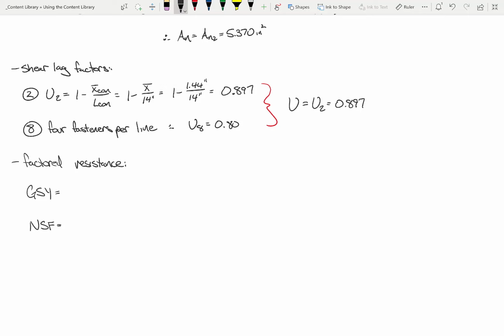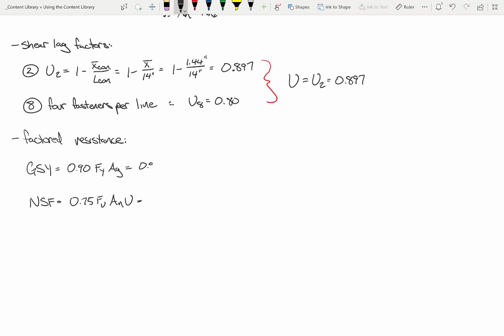How do I compute that? There we go. And how about net section fracture? There we go. So this was 36 ksi.